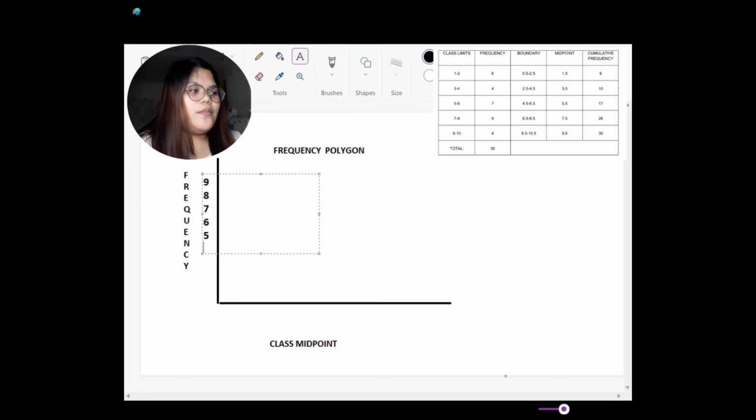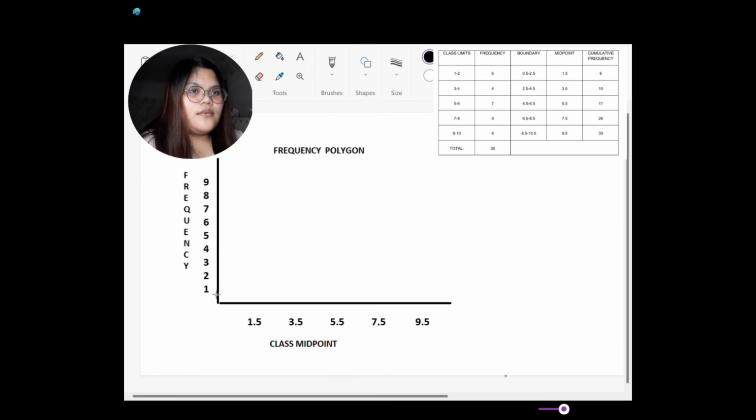And after that, I put all the frequency numbers from our table above and the class midpoints, in line with the number of the frequency. 6, and the 7, the 8, the 9, and then our class midpoints 5.5, 7.5, and 9.5.